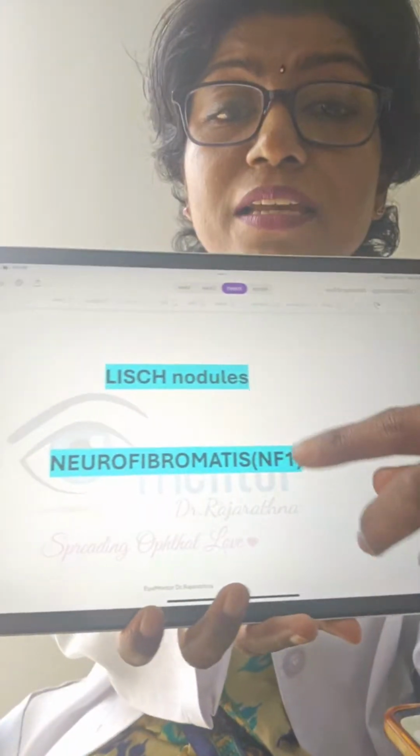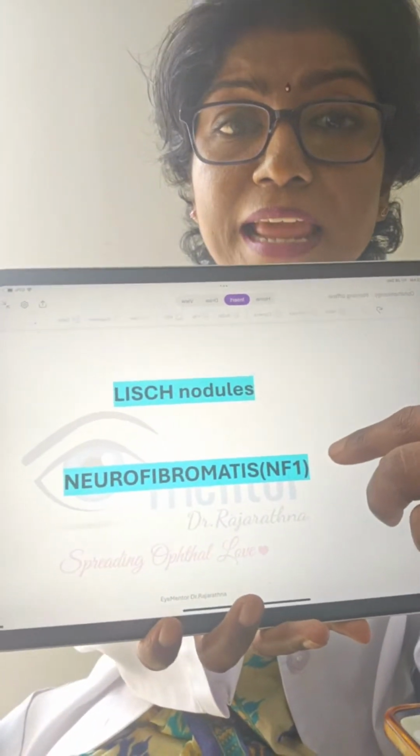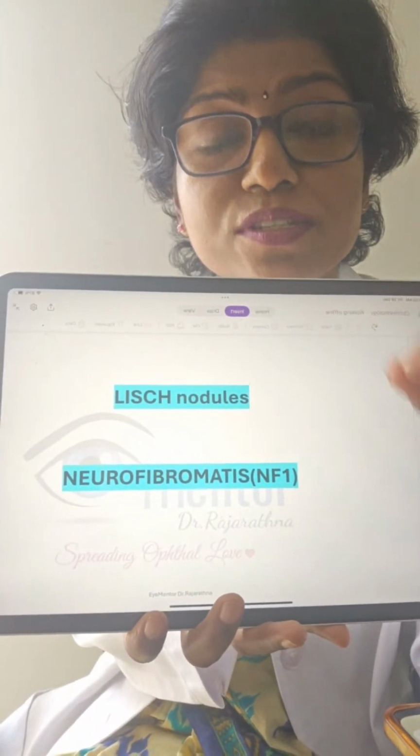Again, it's a very easy question. Lisch nodules are found in. Where are Lisch nodules seen? You don't even have to look at the options for this. Lisch nodules are seen in neurofibromatosis 1, NF1.